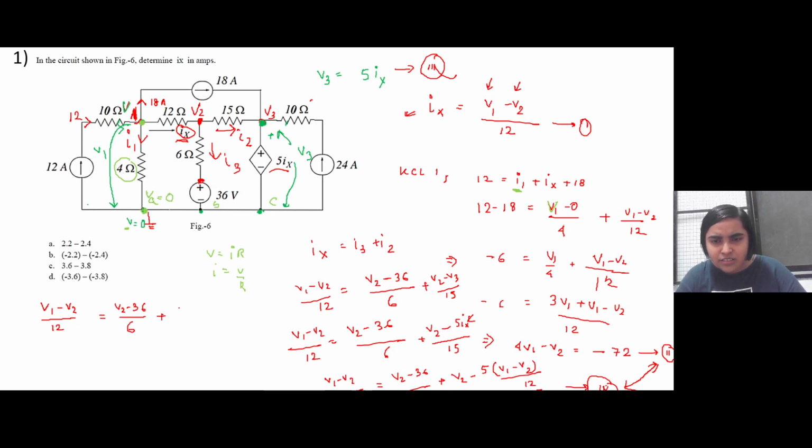So it is 12v2 minus 5v1, minus, sorry, it will be plus 5v2 by 15 into 12.